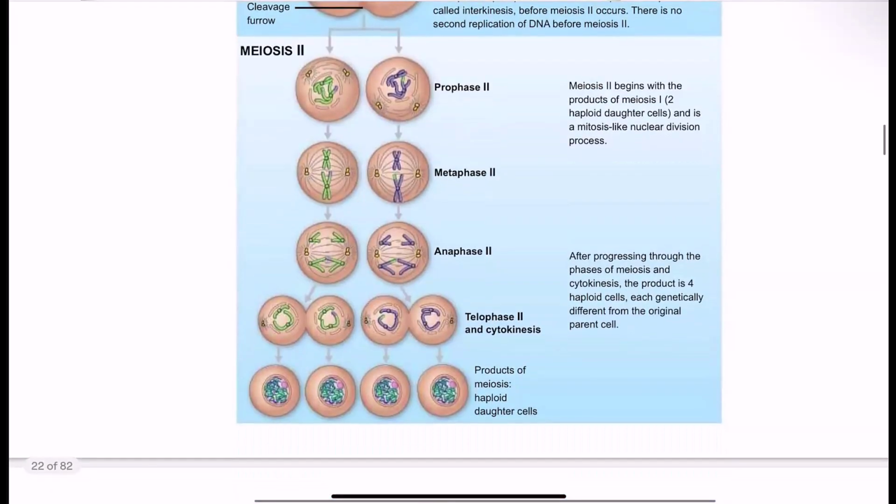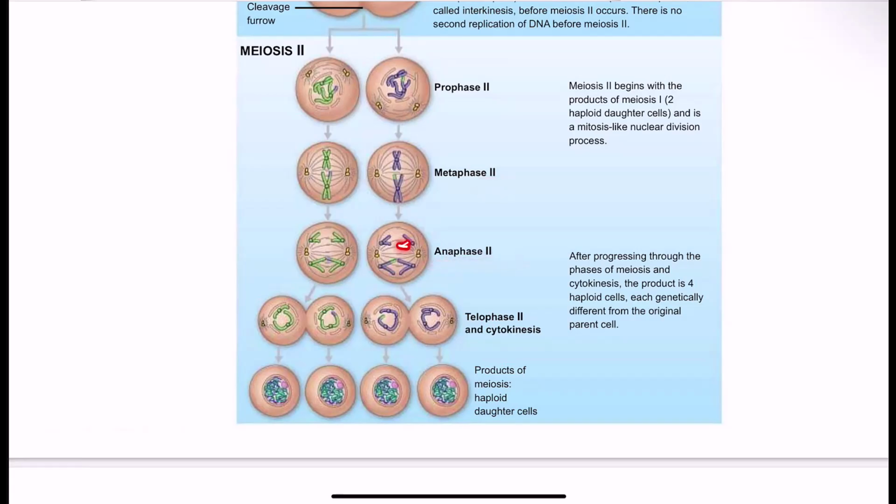In meiosis 2, we'll start with prophase 2. Same thing still happens. Spindle fibers get spit out from our centrioles, and will still align along the metaphase plate. That's metaphase 2.